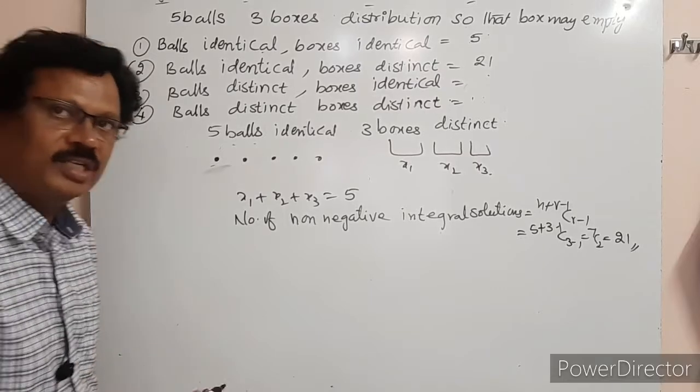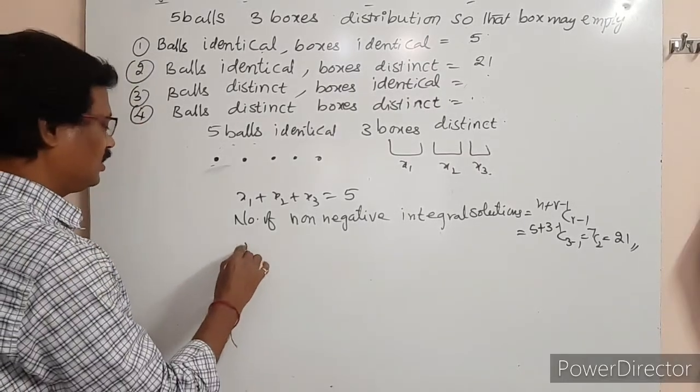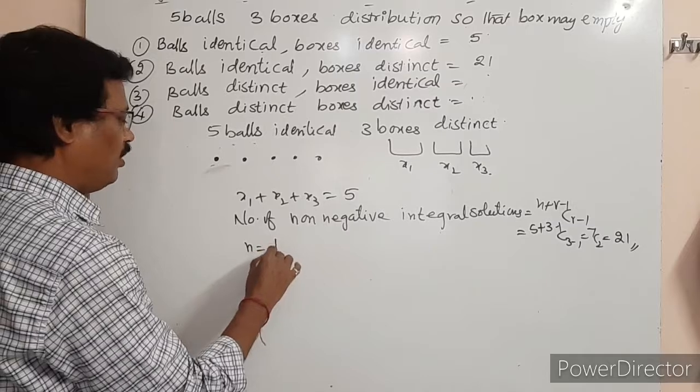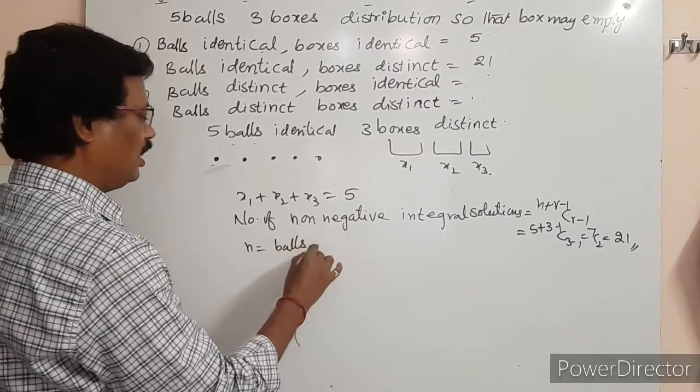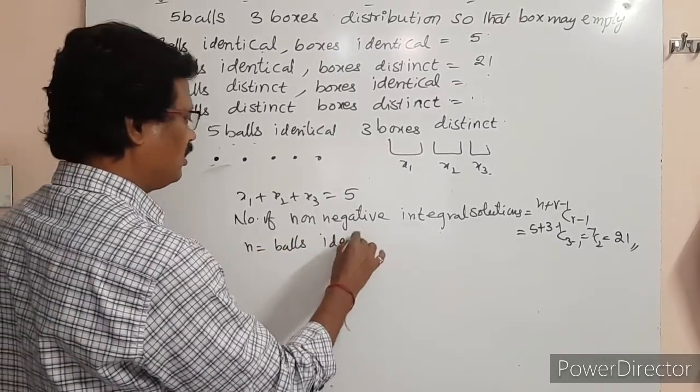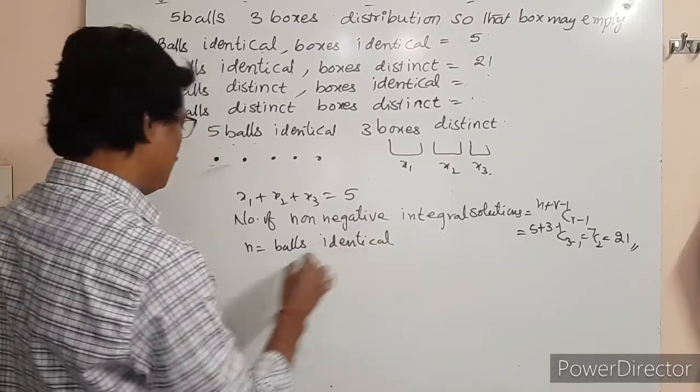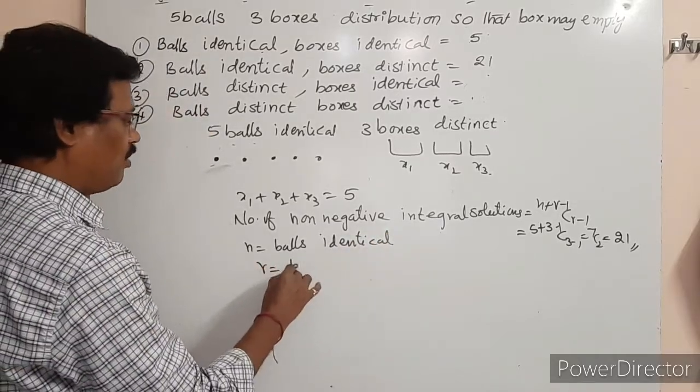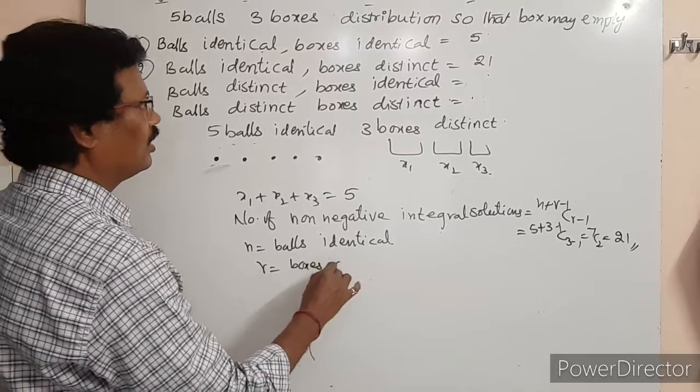Now we can write the general formula. N balls identical and R boxes distinct.